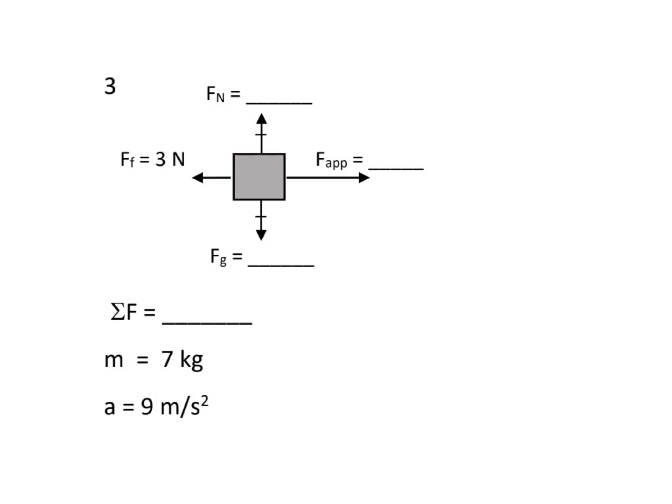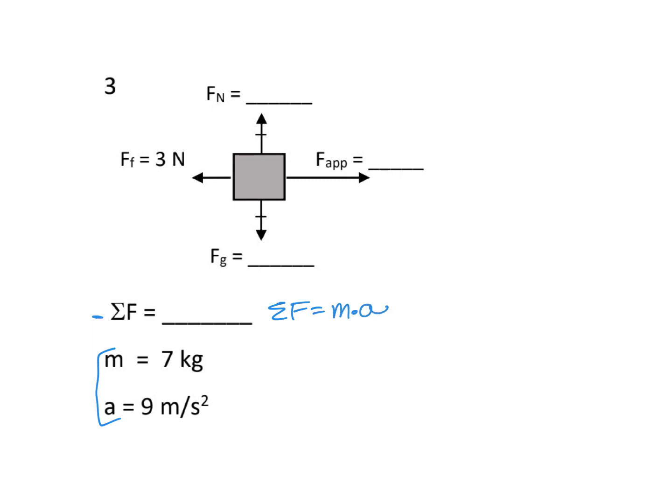So in this problem, you'll notice that we don't have either the force of gravity or the normal force, and I don't know the force applied, so I can't get the net force like I did last time. I need to use another method. I told you when I was doing the last problem that if you know any 2 of the bottom 3, you can figure out the other one using Newton's second law, which could also be written as net force equals mass times acceleration.